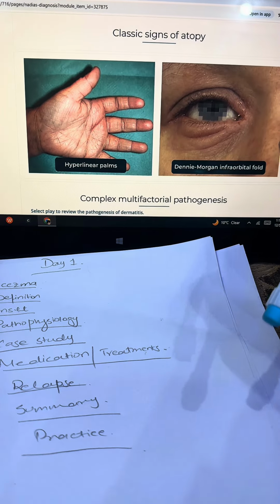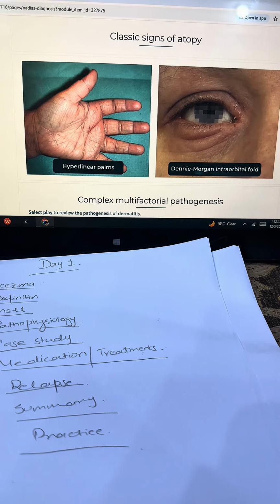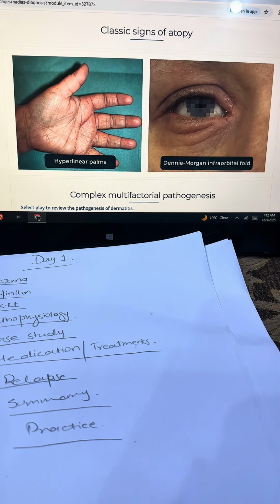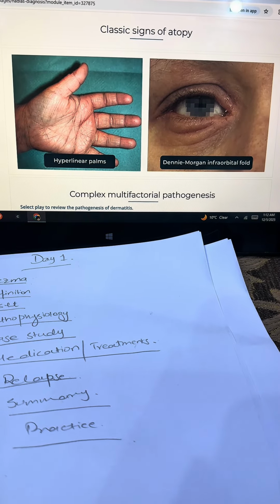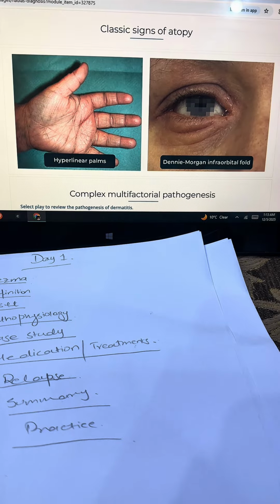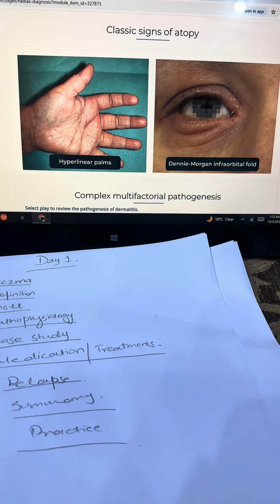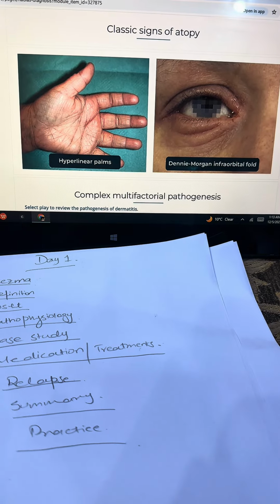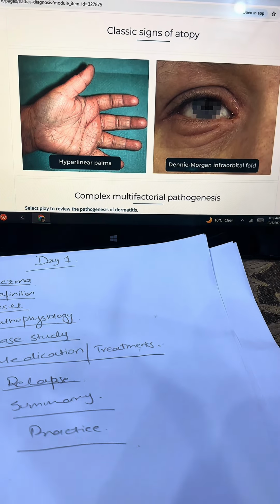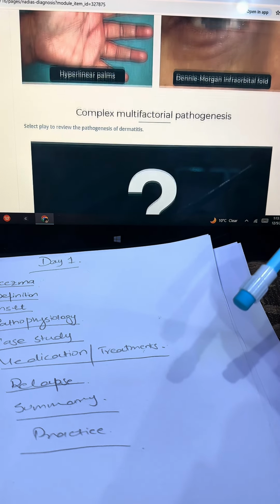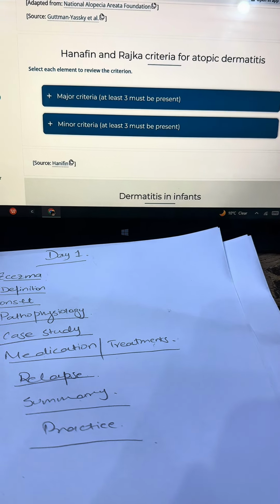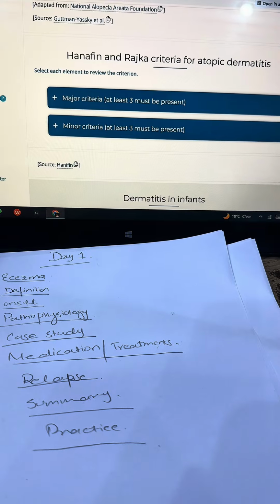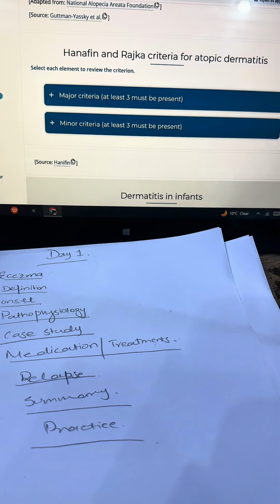A classical sign of atopic skin is that it is more allergy prone, with a more evident response of skin to allergens. It may show hyperlinear palms and the infraorbital fold, the Dennie-Morgan infraorbital folds. It's very important to know the major criteria and minor criteria of atopic dermatitis.